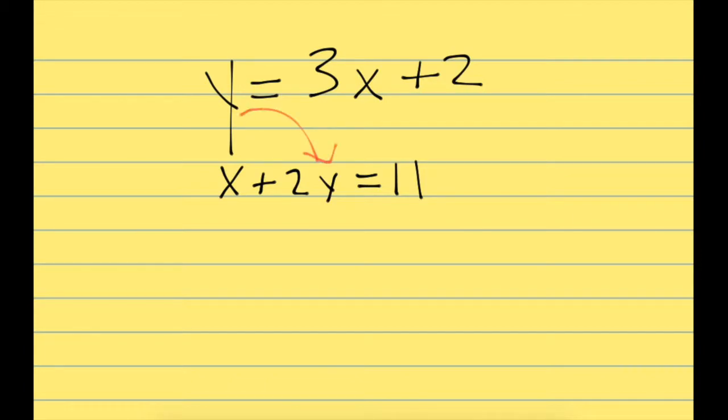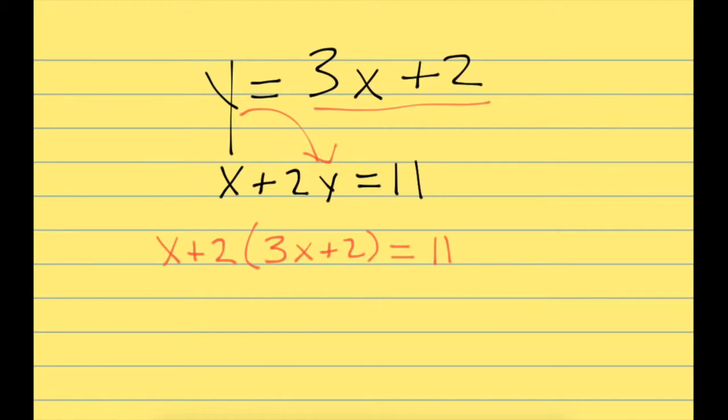So I can replace the y in one equation with the y that's solved for in the first equation. I can take my second equation, and instead of having y there, I can put what I know y must be from my first equation. So I substitute in that 3x plus 2 for y in my second equation.